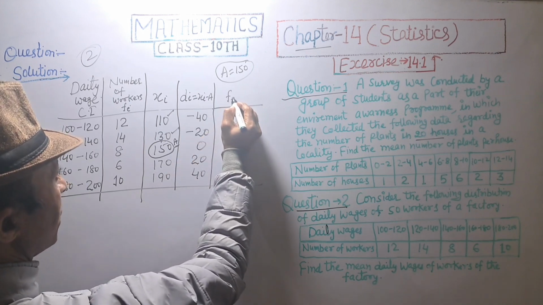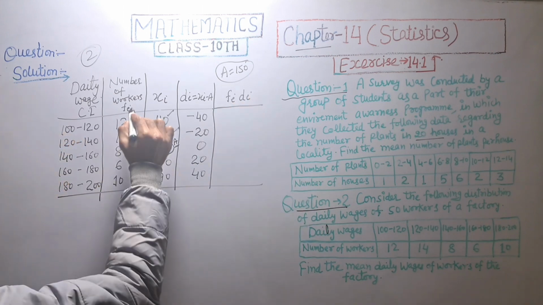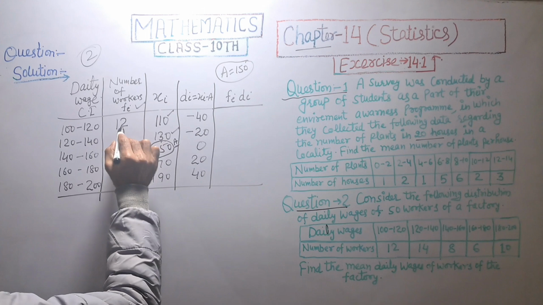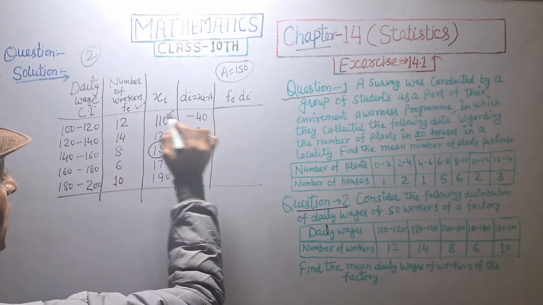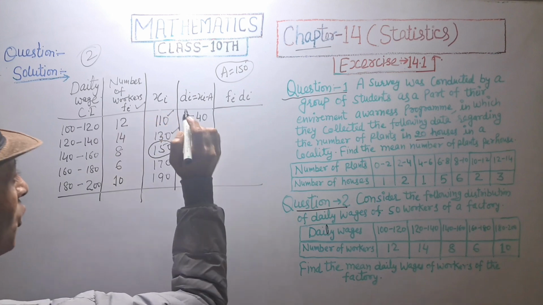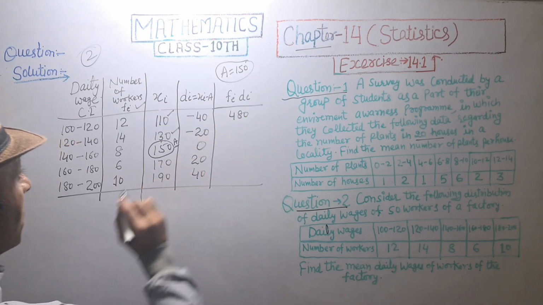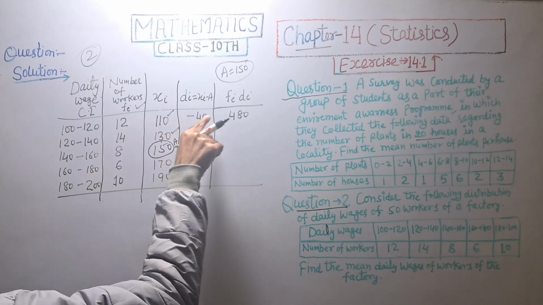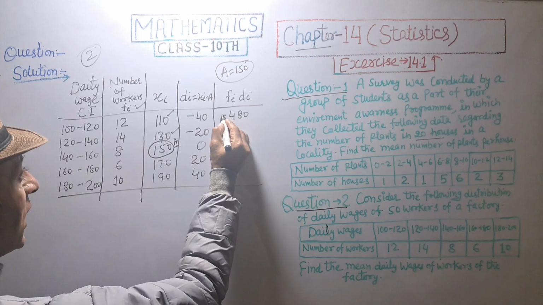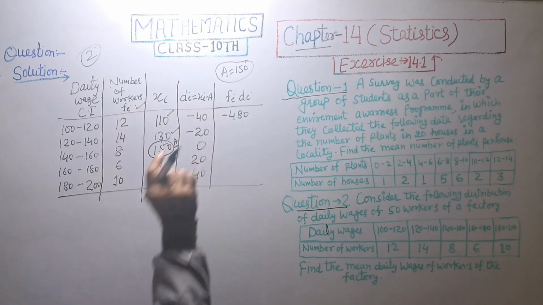So Fi di. Fi is here 12, the first number, and minus 40. 12 multiplied by 40 is equal to 480, but negative 480. Minus multiplied by plus gives a negative value.